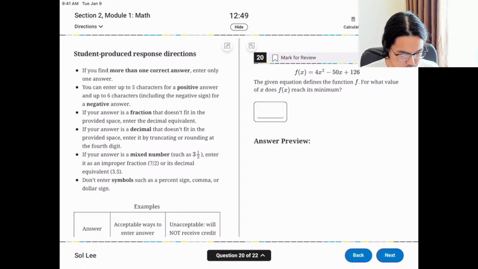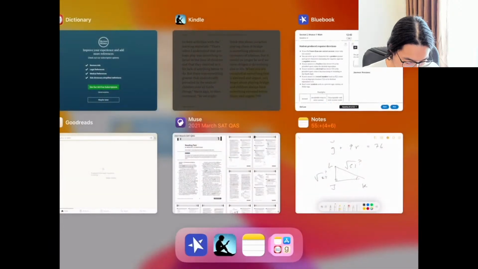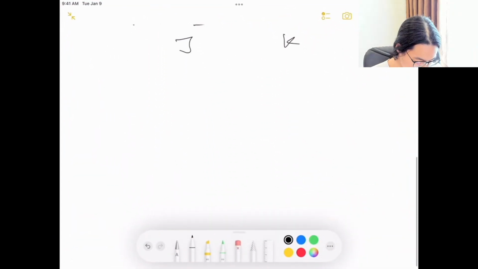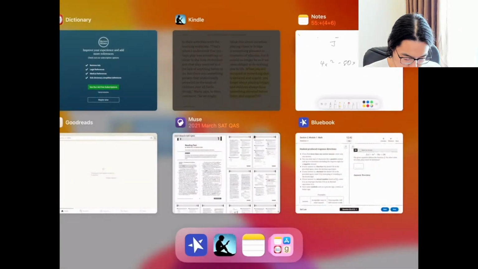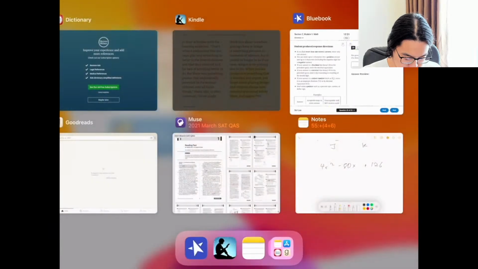I have to probably use which form? Okay, 4x squared minus 50x plus 126. Now, what is the minimum?